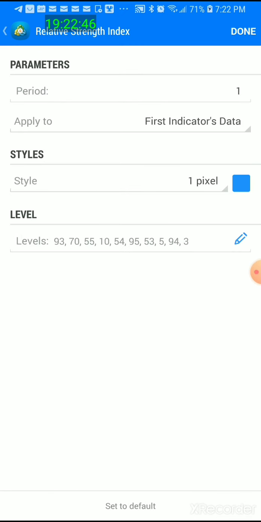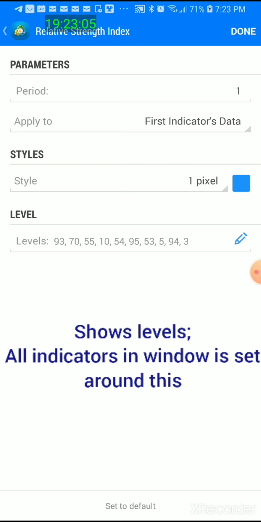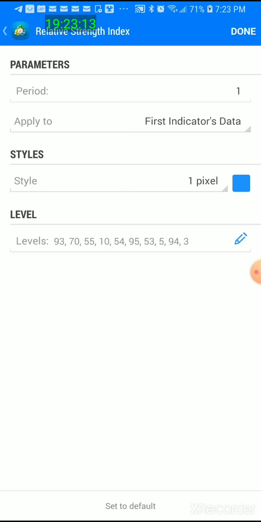Another RSI, period of 1, applied to first indicator's data. Style is 1 pixel, and it's that version of blue. And here are all of the levels for it. I'll stand by for a second to give you a little more time. The levels are 93, 70, 55, 10, 54, 95, 53, 5, 94, and 3.